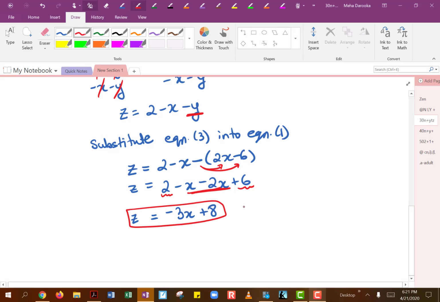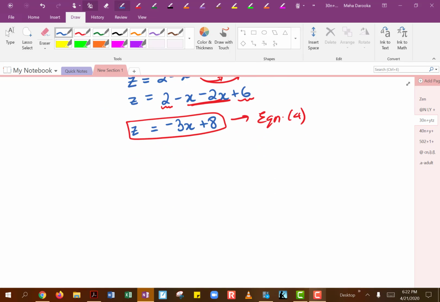And let's call this equation 4. Alright, so we have y equals 2x minus 6, and we have z equals minus 3x plus 8.